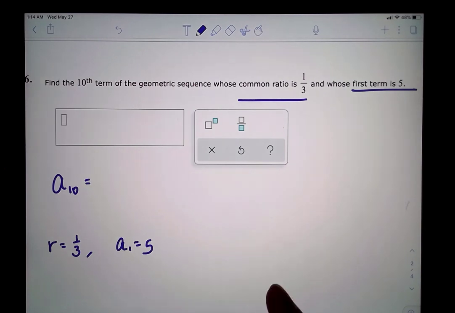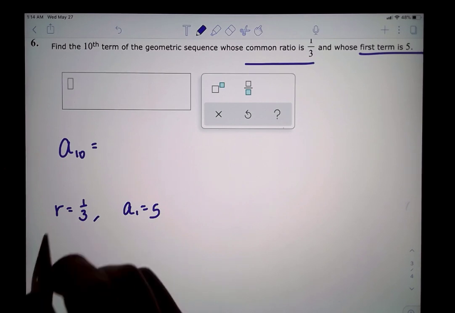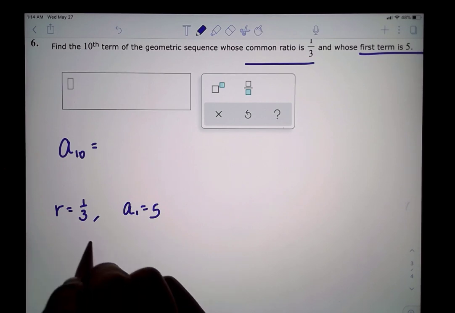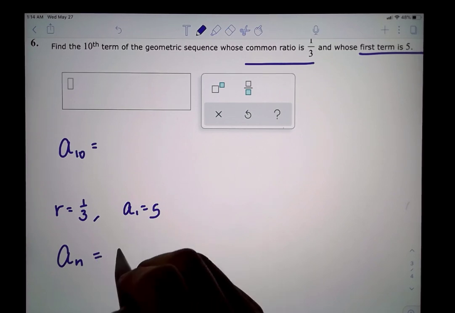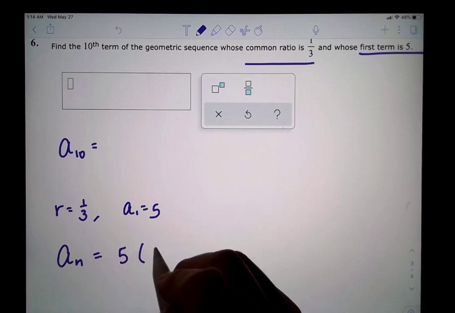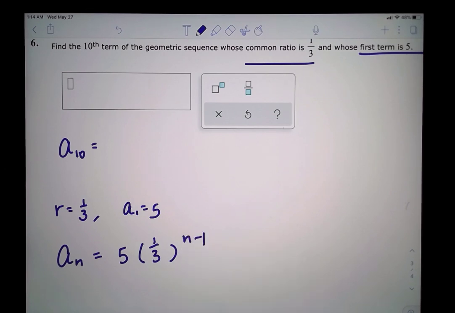And to do this one, guys, we need to write the explicit form. They didn't ask, but when you write the explicit form, then that's much easier. So a_n equals my first term times r to the n minus 1 power.